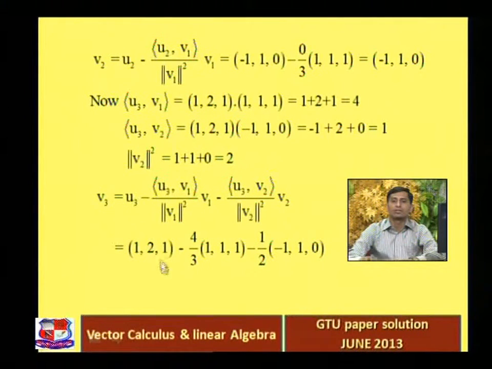That is (1, 2, 1) minus 4 by 3 into (1, 1, 1), minus 1 by 2 into (minus 1, 1, 0). So 4 by 3, 4 by 3, 4 by 3, and then minus 1 by 2 into (minus 1, 1, 0) gives 1 by 2, minus 1 by 2, 0.